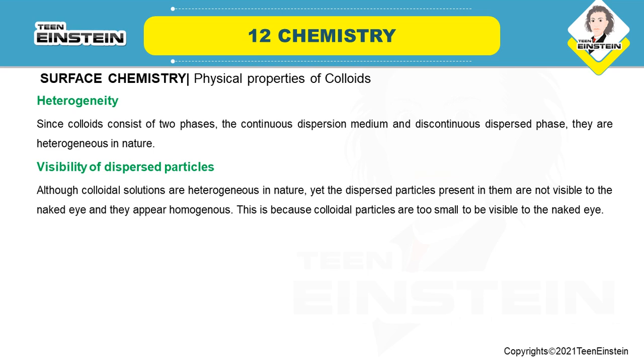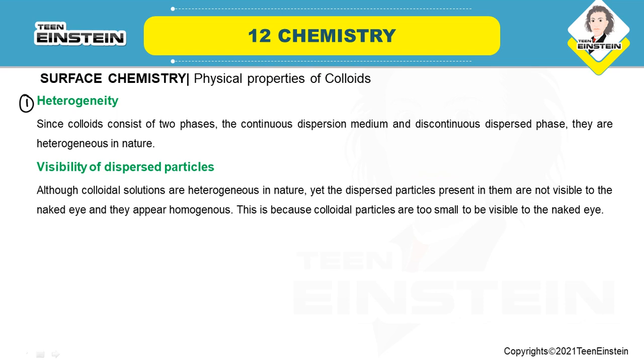Next, we will discuss some physical properties of colloids. First point, heterogeneity. When we compared true solution, colloidal solution and suspension, we have already seen that suspension and colloid, these two are both heterogeneous in nature. Only true solution is homogeneous in nature.